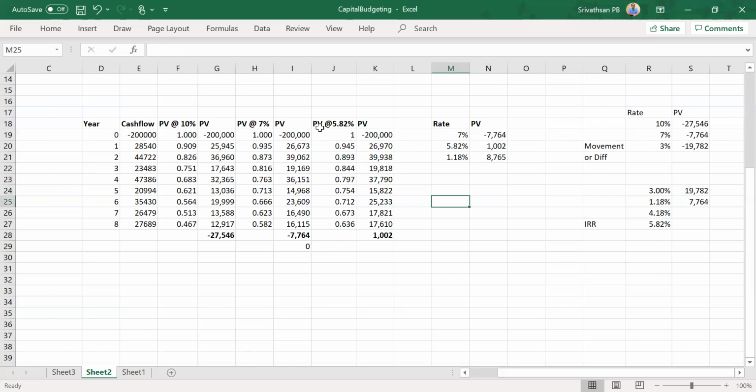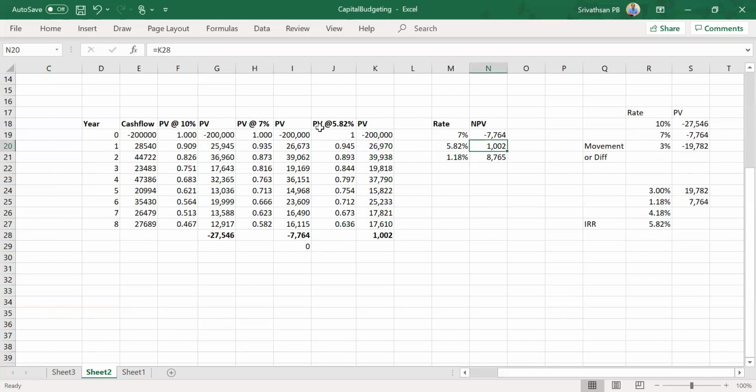Normally, how they calculate in your book, they start with either 7% or 5.82%. If it's 5.82%, the rate must go up. If it is 7%, the rate must come down, because at 7% we have a negative present value, negative NPV, and at 5.82% we have a positive NPV.